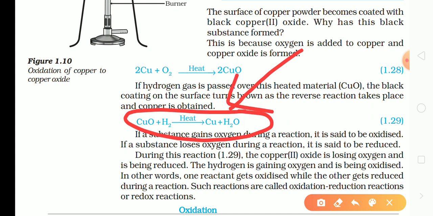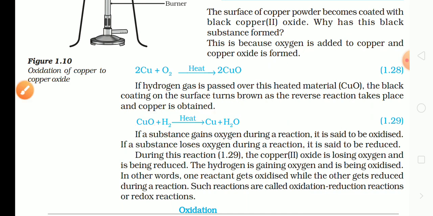What is happening when hydrogen is reacting with copper oxide? This hydrogen will take away that oxygen and it will become hydrogen oxide, or water. And what will be remaining? Exactly, copper. Finally we will be having the copper powder.